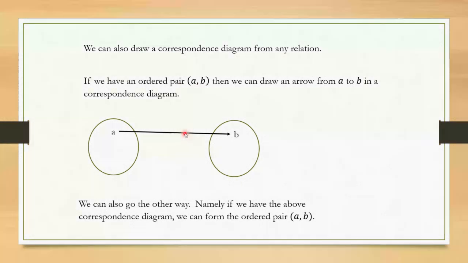And you can actually go the other way as well. In other words, if I gave you a correspondence diagram, what you can do is form a relation out of that. So with the examples from earlier, we can form relations out of those. Namely, you can imagine now the top of the slide here being gone, and I just gave you this correspondence diagram.